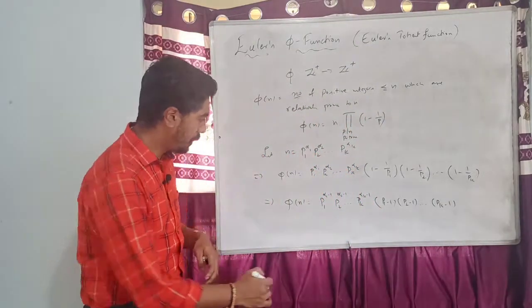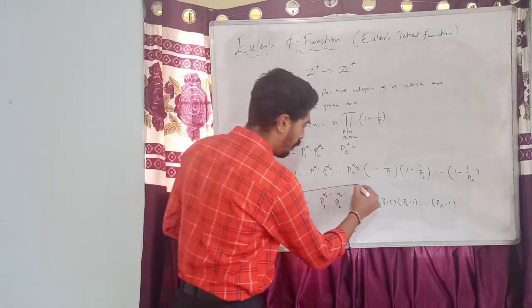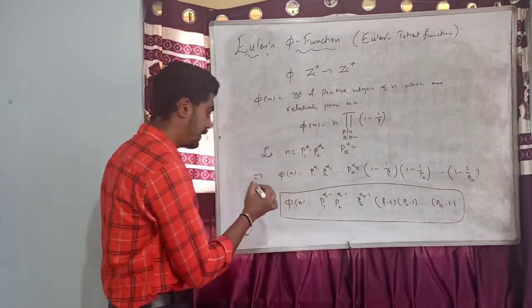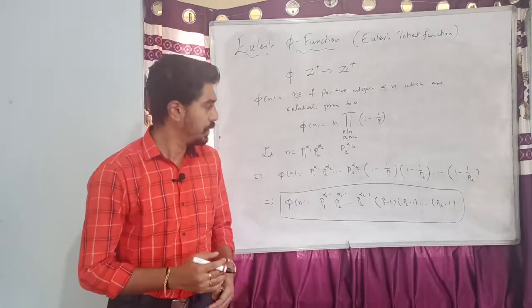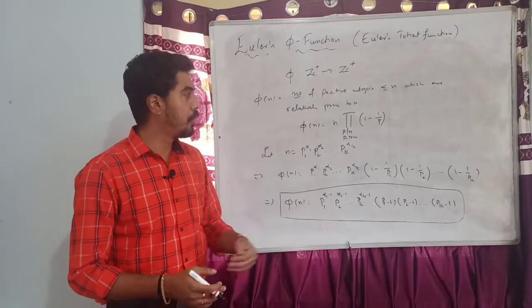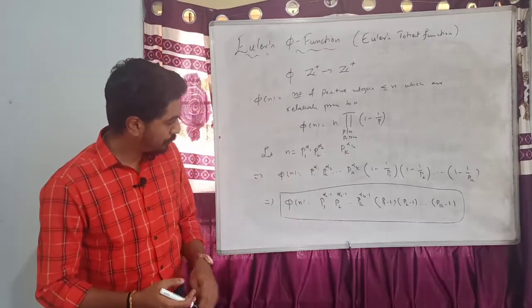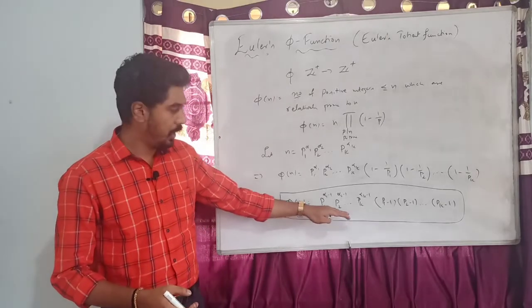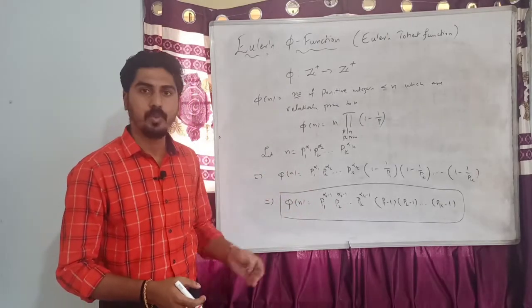So I am going to use this formula to find out phi of n, which is a simplified version of this formula. The proof of this formula is beyond the scope of our syllabus, so we shall consider this formula to find out phi of n.